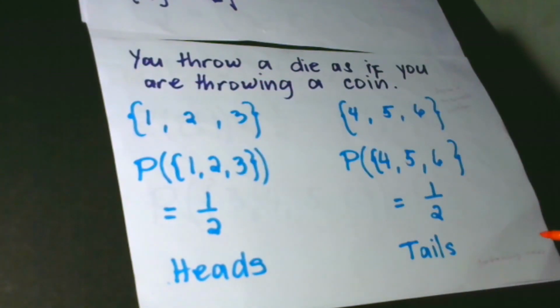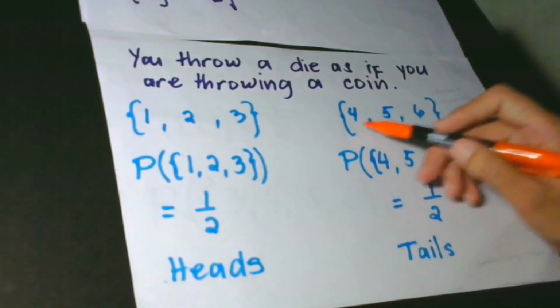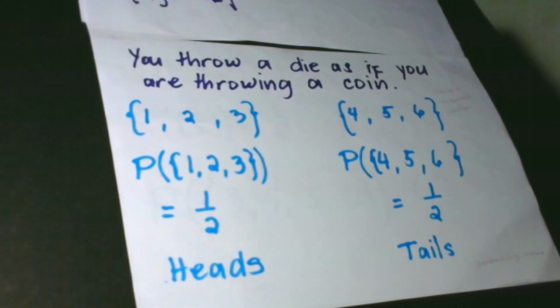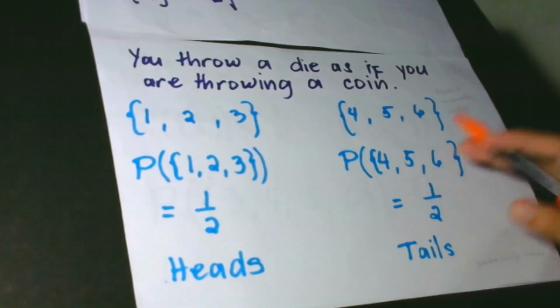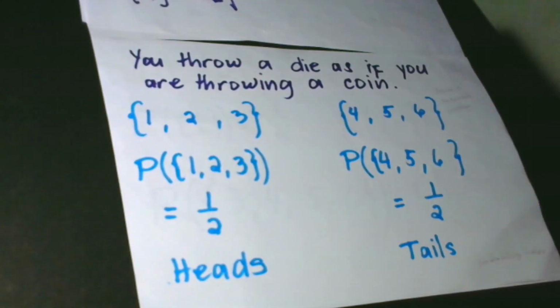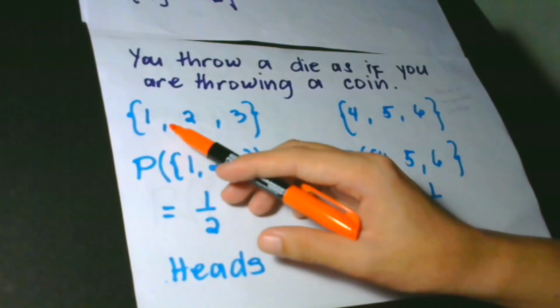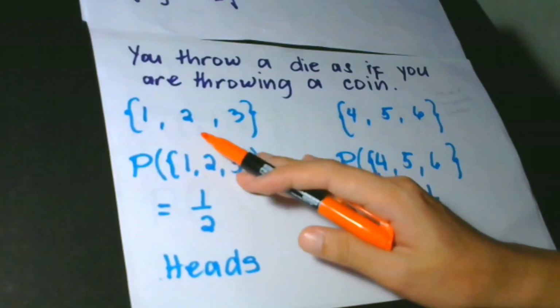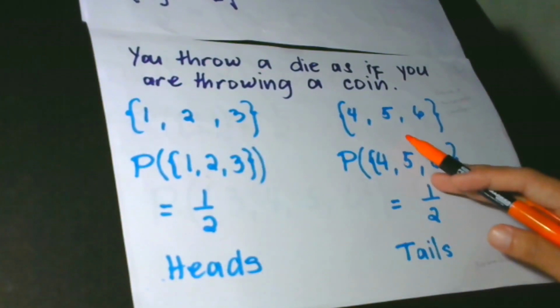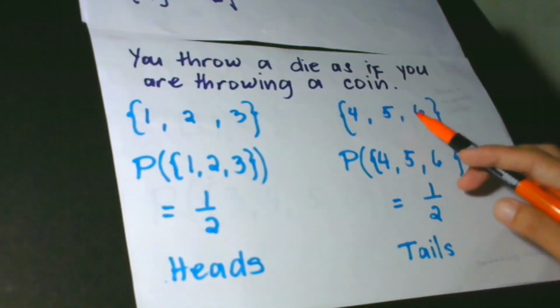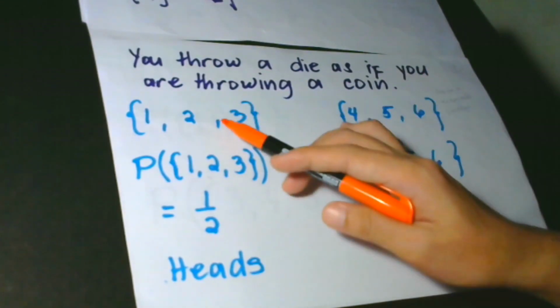If the die comes out 4, 5, or 6, it is tail. So this creates two non-overlapping sets. Why non-overlapping? Because the elements of this set cannot be found in the other set, and also the elements in the other set cannot be found in this set.